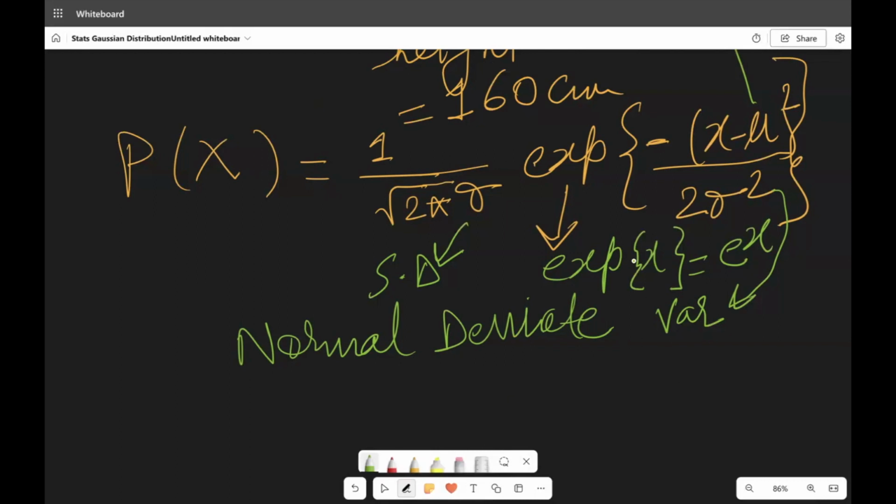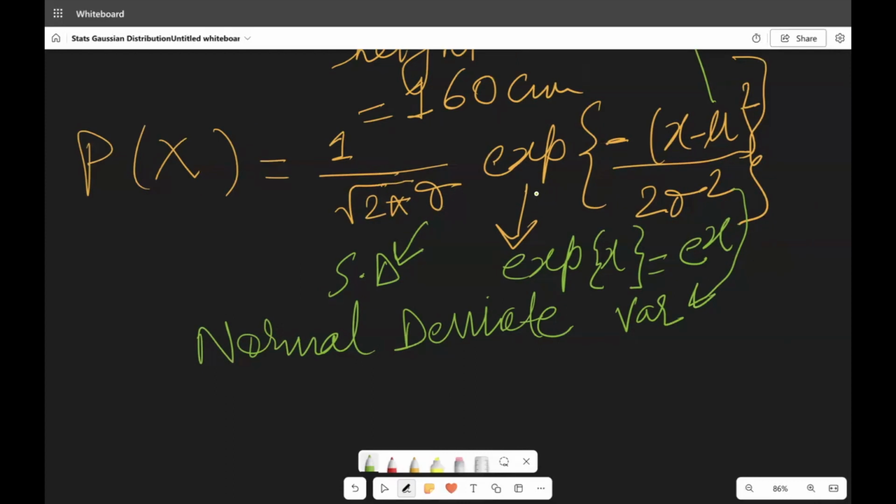I will break this up and explain it piece by piece. So let's understand what this expression is. Here, exponential of this thing is nothing but e raised to the power x. This whole expression is nothing but e raised to the power x because it is an exponent. So it's an exponential function where e is my natural base.